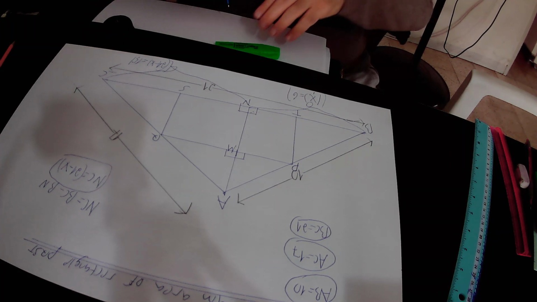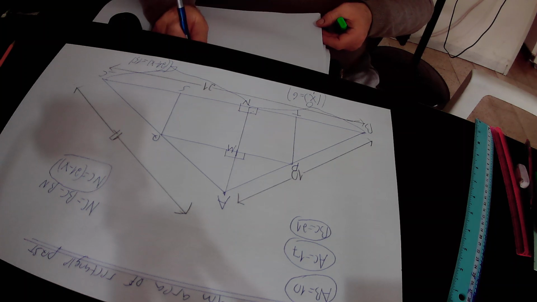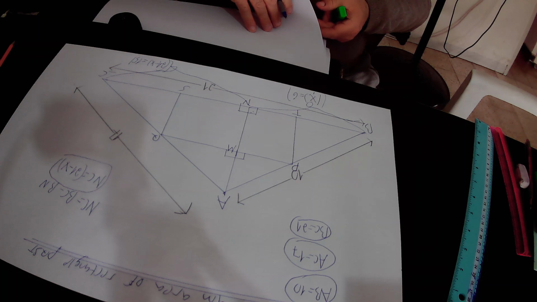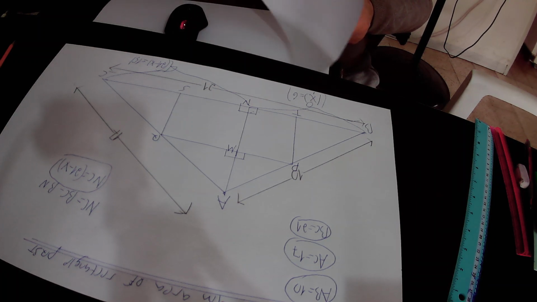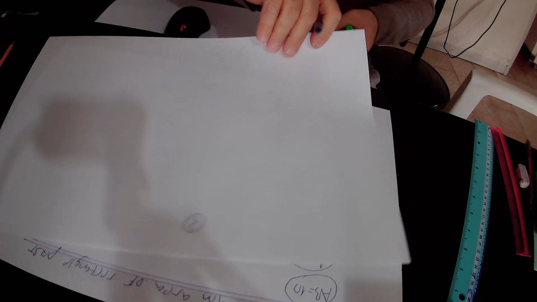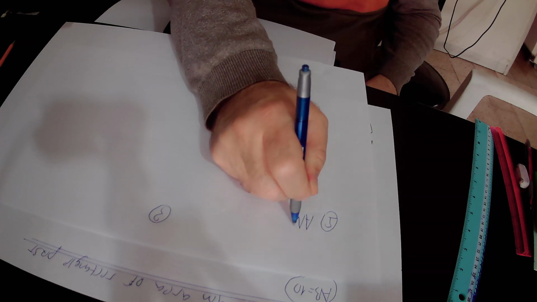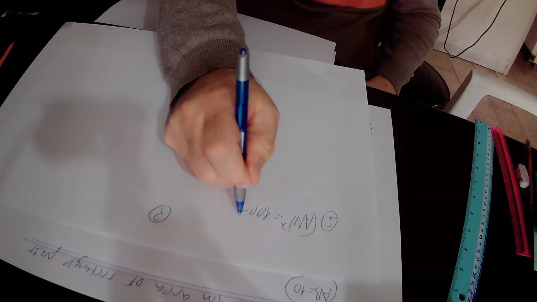We return to equation 1. According to equation 1, we have already found out that AN squared equals 100 minus x squared.